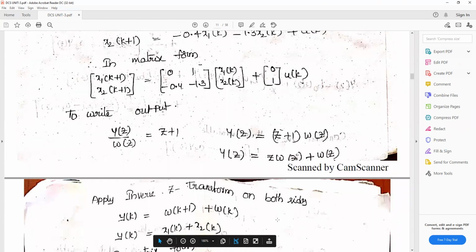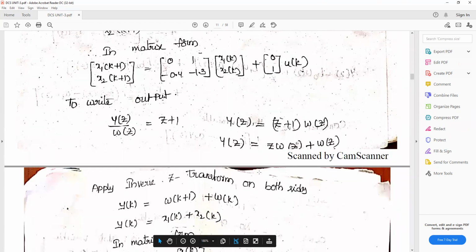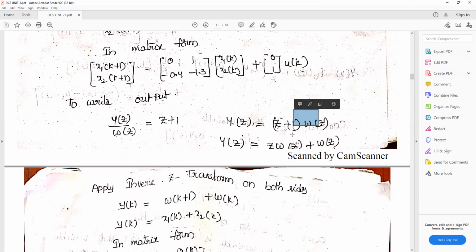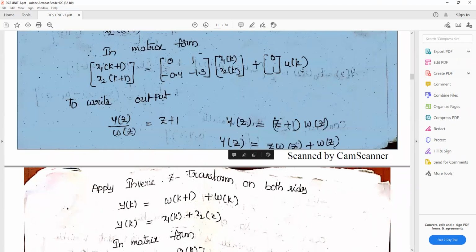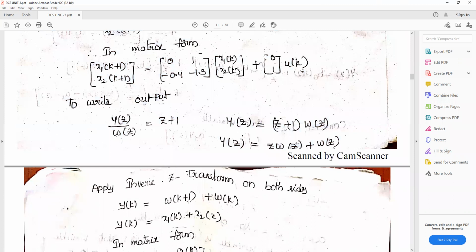Now the output equation. Y of z by omega of z is equal to z plus 1, so Y of z is equal to z plus 1 into omega of z, which is z into omega of z plus omega of z. Apply the inverse z transform: z omega of z is omega of k plus 1, plus omega of k.